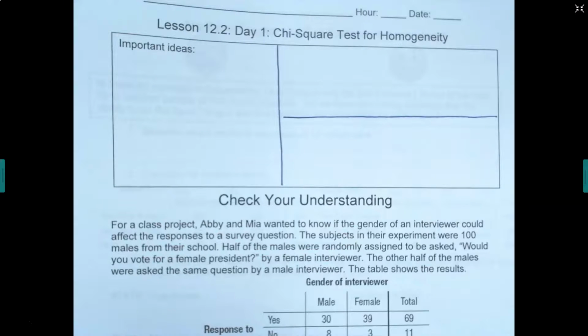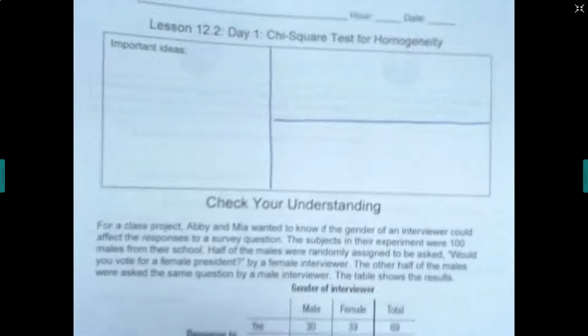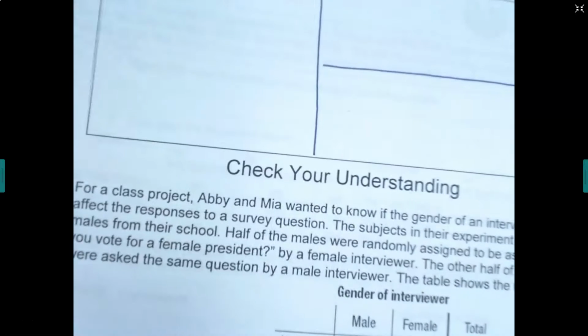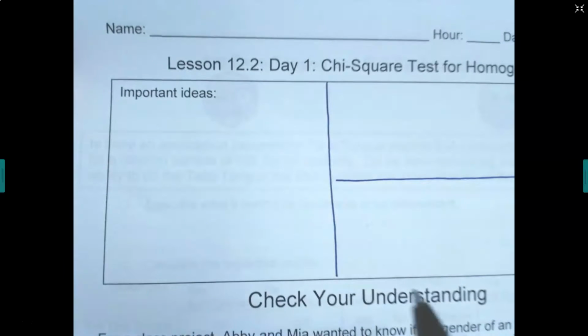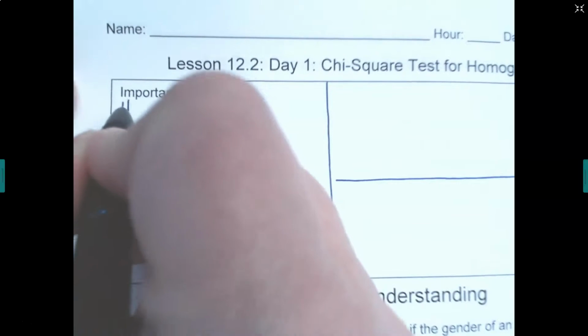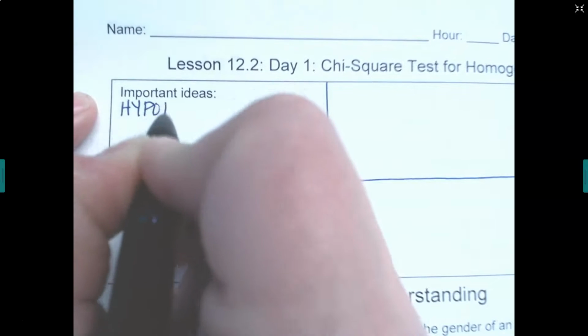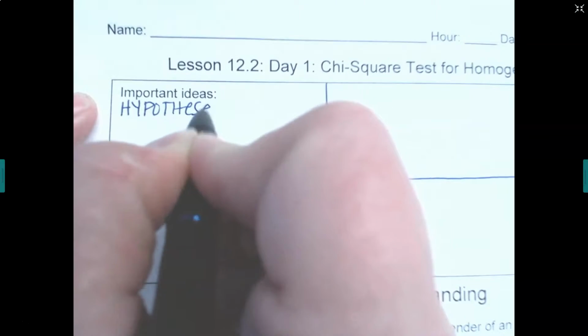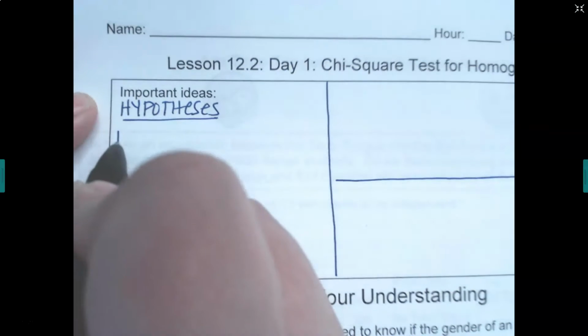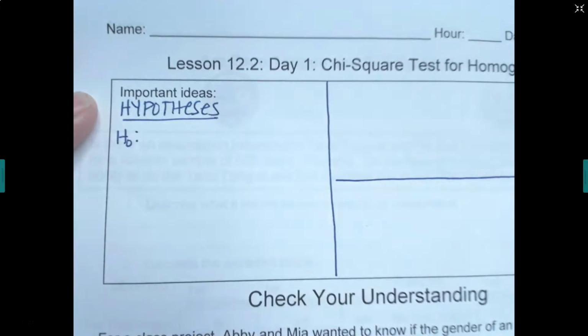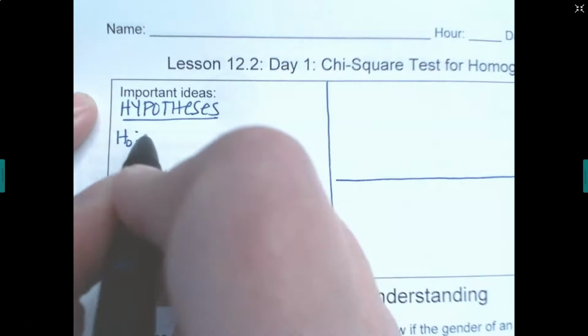All right, so I have 3 major things that I want to make sure you walk away with. We had a lot of learning targets in this lesson, as you heard at the beginning of the video. The first one that we want to talk about is the hypotheses. Okay, for your null, it's almost like a mad lib.